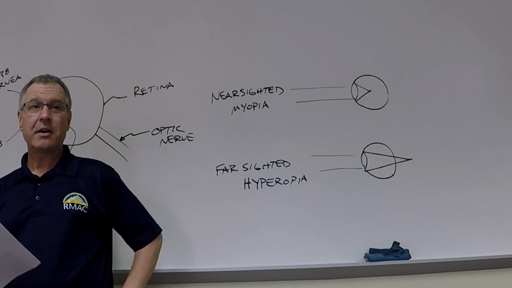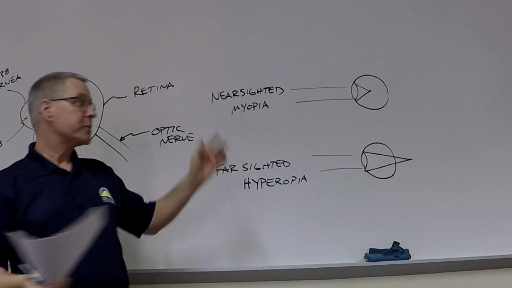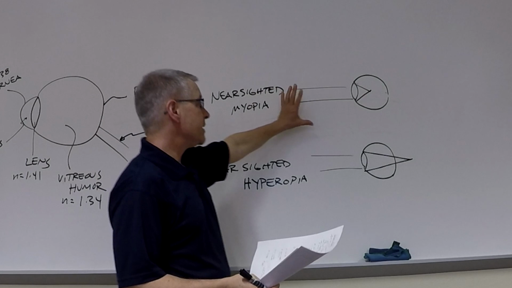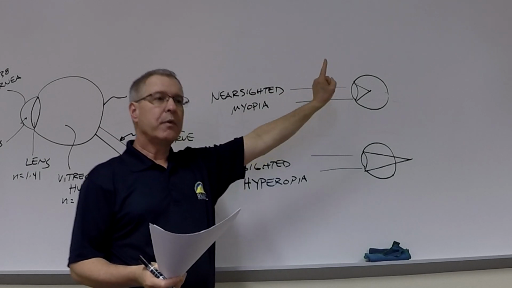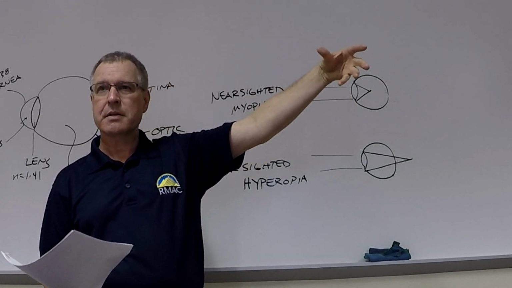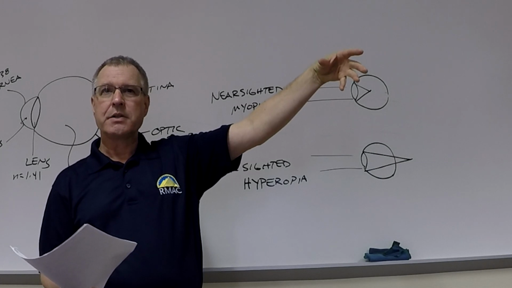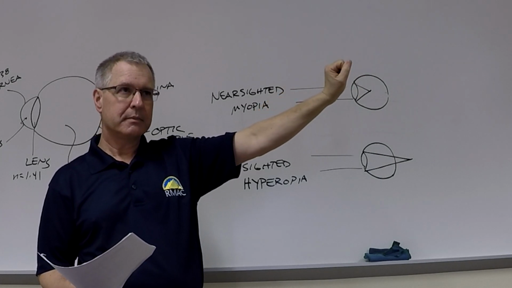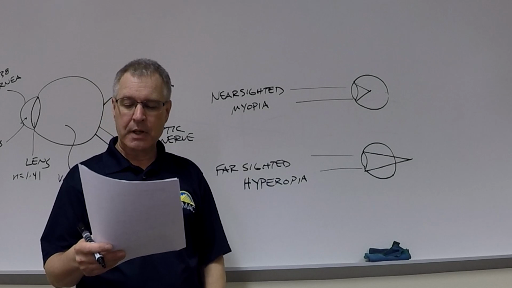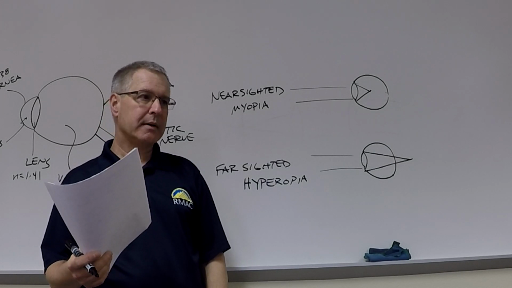Then it's really easy to tell how to fix it. Because notice what's happening here, if somebody is nearsighted, their focusing system, that cornea lens system, is focusing too much. So what kind of lens would help with that?